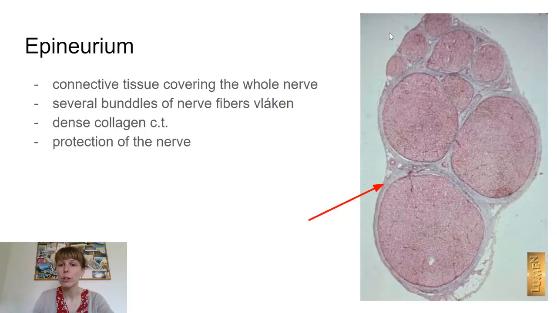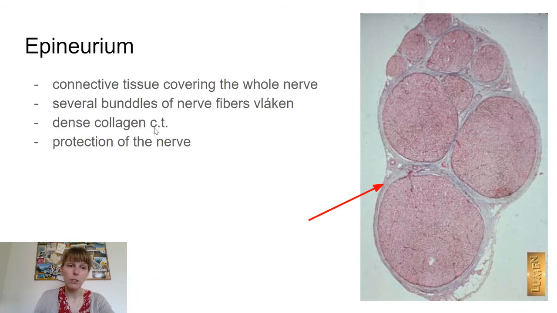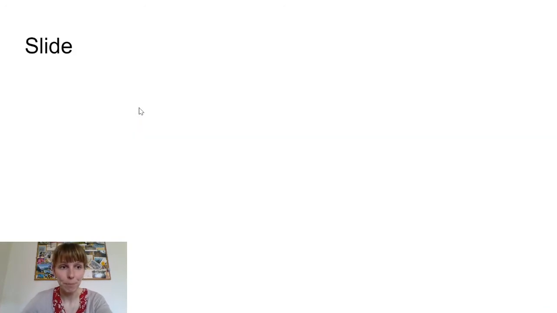And epineurium will be the cover of the whole peripheral nerves. Collagen connective tissue again, and it's protecting the nerve. So in places where you need extra protection, like in joints, for example, when you don't want the nerve to get damaged, you will have a thicker epineurium.